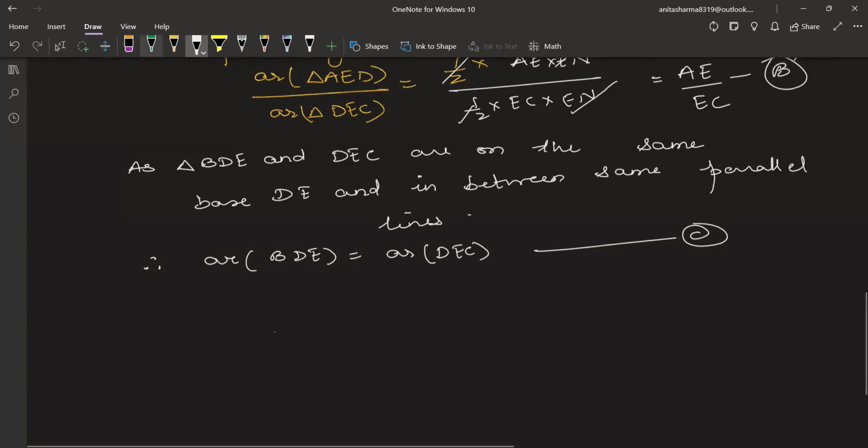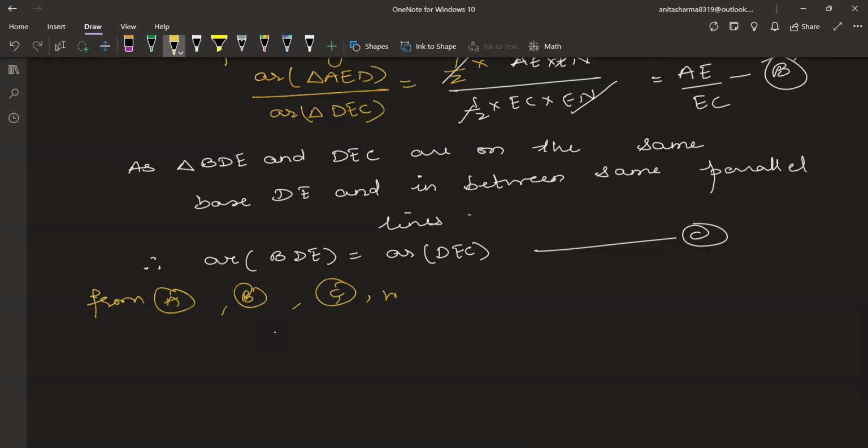Mark this as C. So now from equations A, B and C we get AD upon BD is equal to AE upon AC. Hence proved. Understood, children?